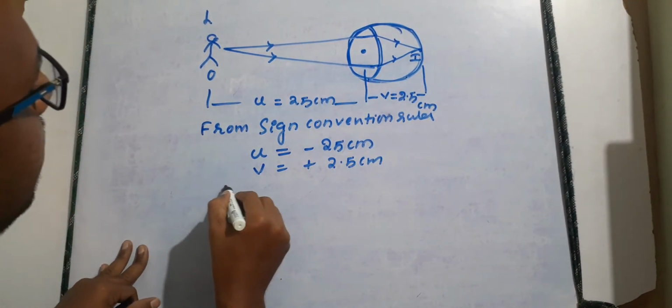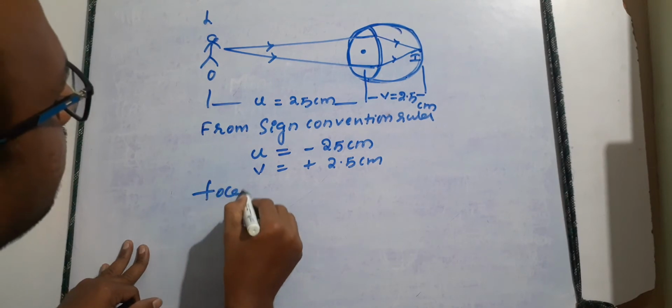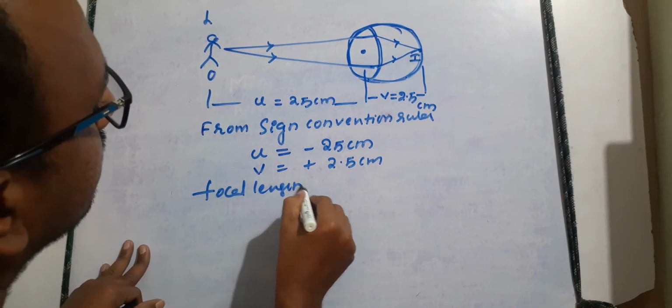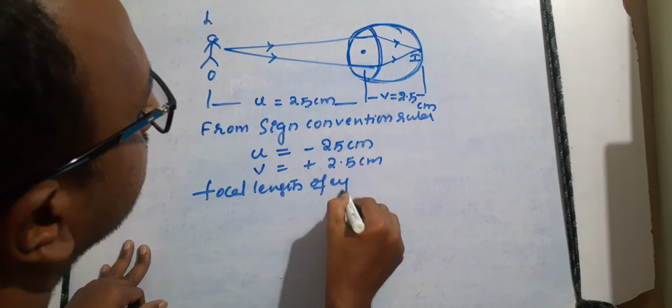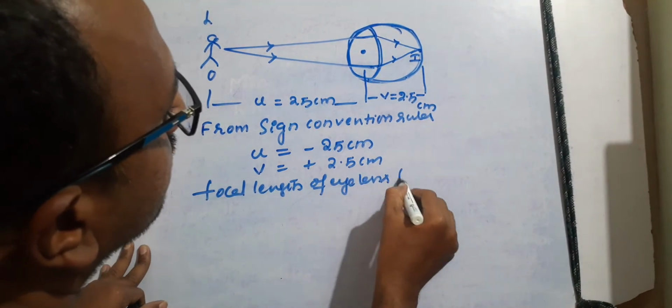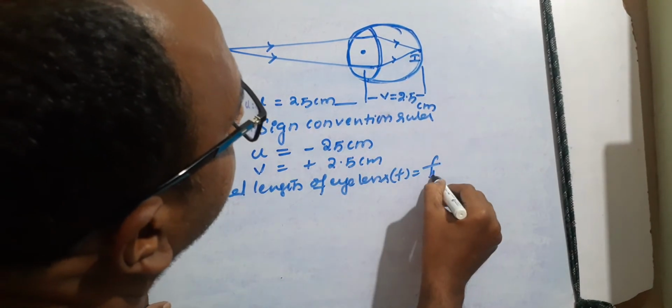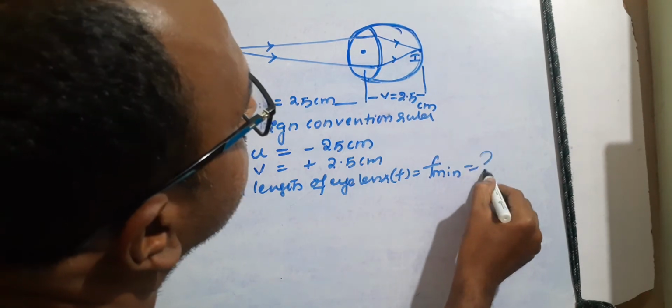We want to find the focal length of the eye lens. This is taken as f minimum, so this is the question mark.